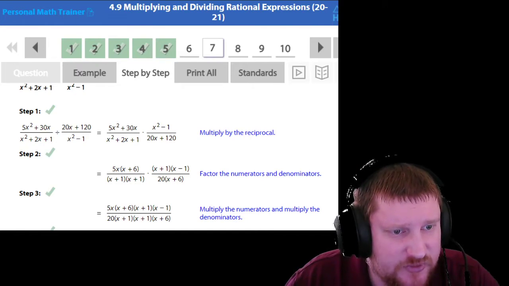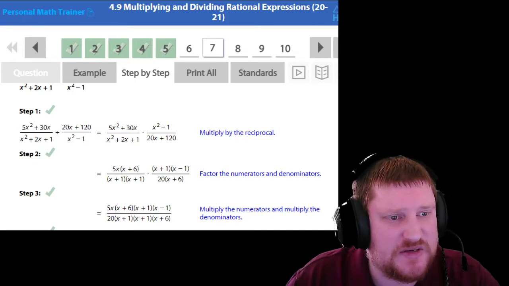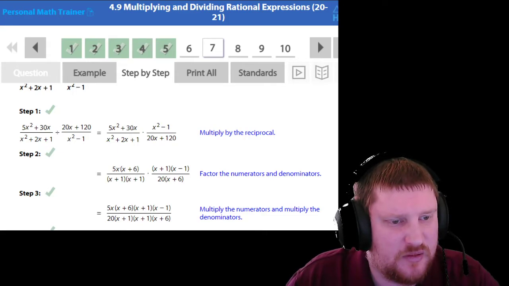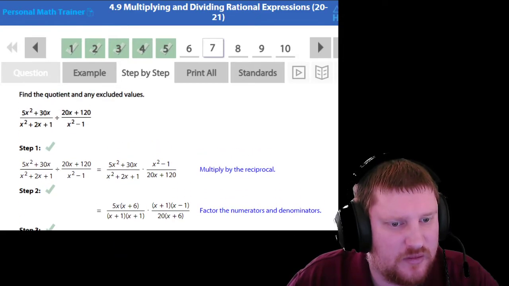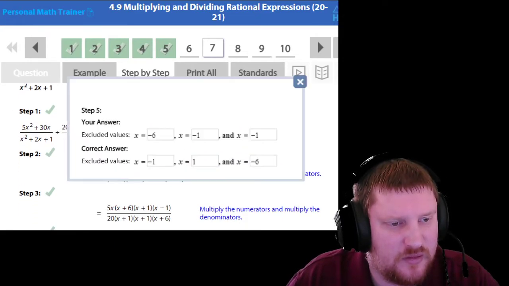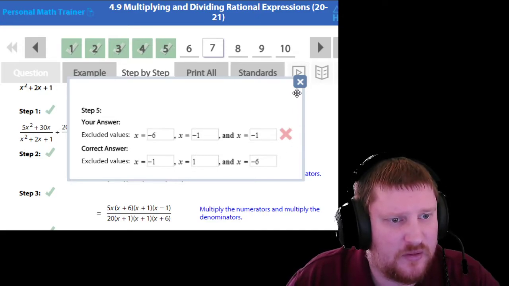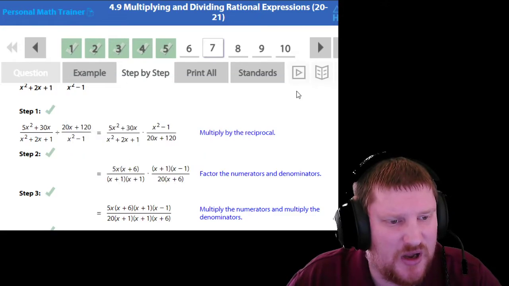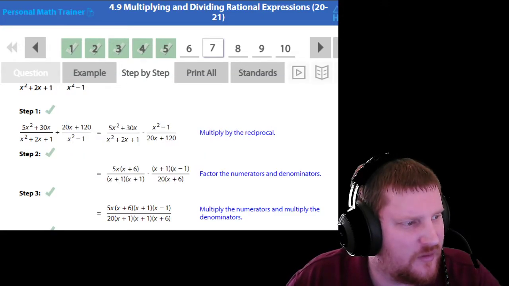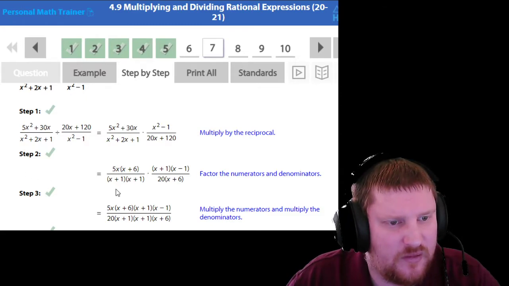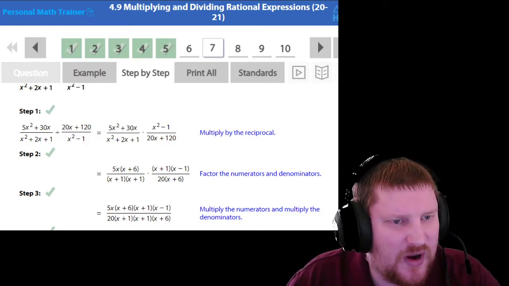No, 1's not an excluded value. Where do they get 1? 1 is never in the denominator. In fact, when we graphed it, it had a value for 1.